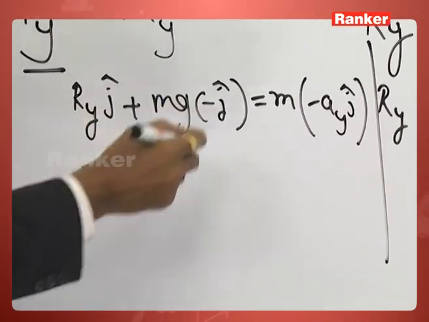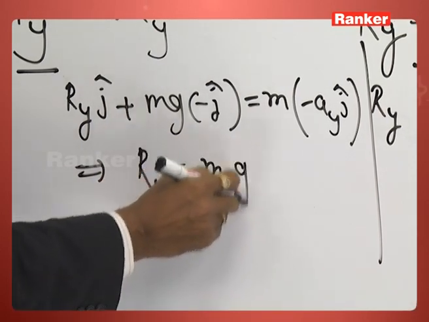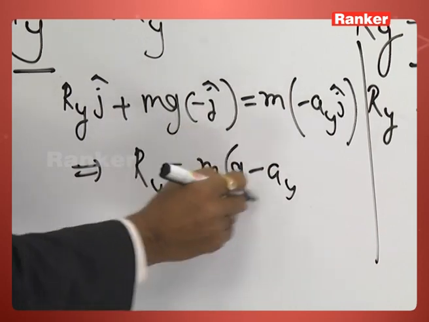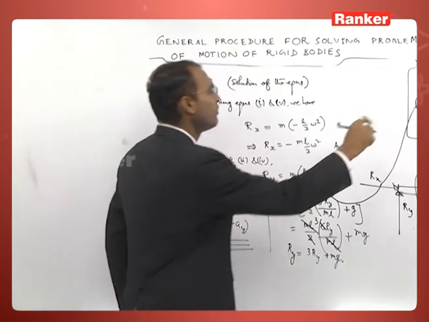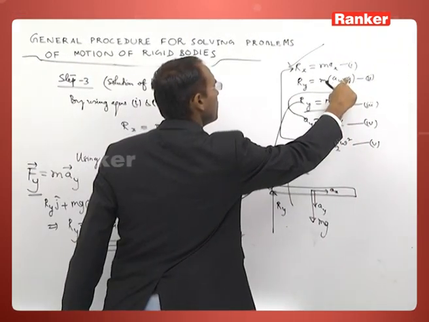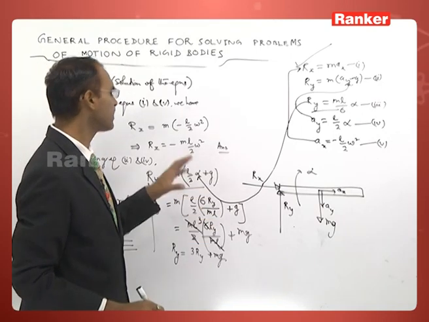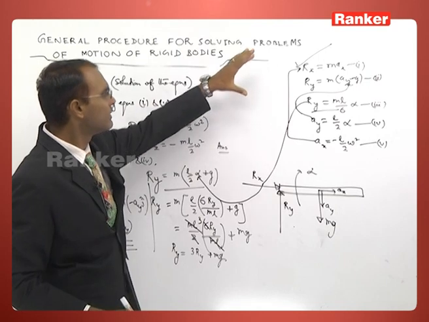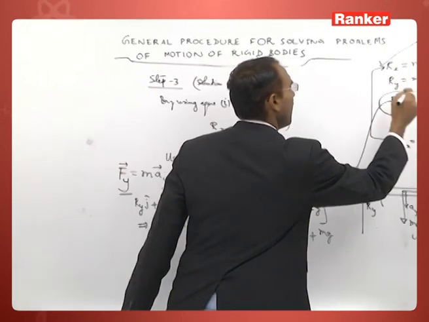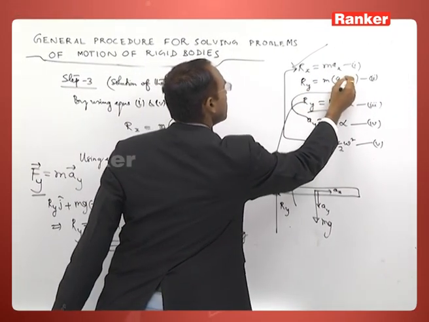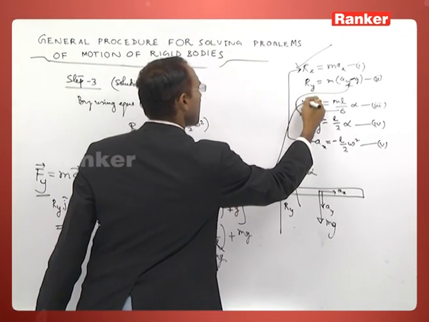If you simplify it, you will get Ry is equal to m g minus ay. There is a problem here. Therefore, we have to rectify it. Sometimes we get wrong equation. So, before you solve the equations, better to check the equations again. So, we have Ry is equal to m into ay minus g, and other equations are absolutely correct.